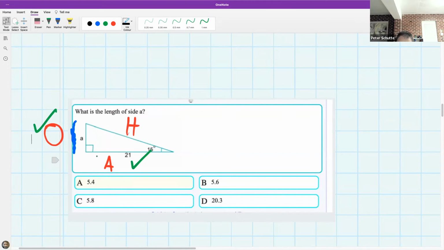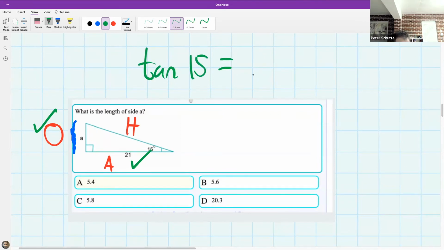Okay, so Ndile, I agree, it's tan. So it'll be tan of 15 equals A over 21. But now we still need to find what the value of this A is and choose the option down here.